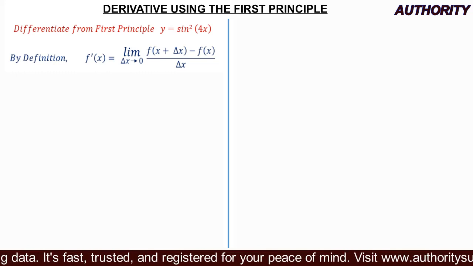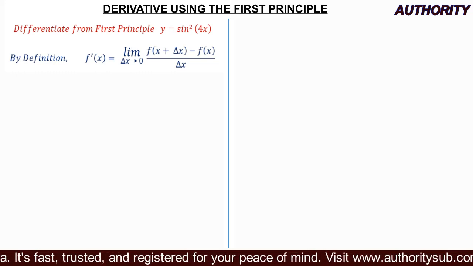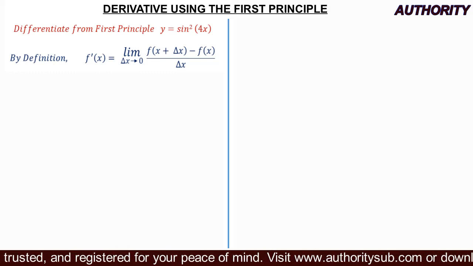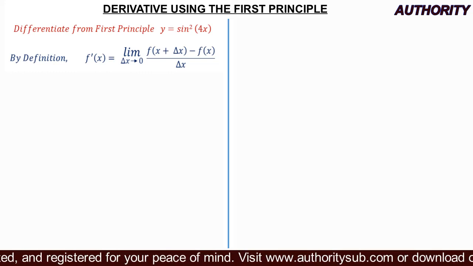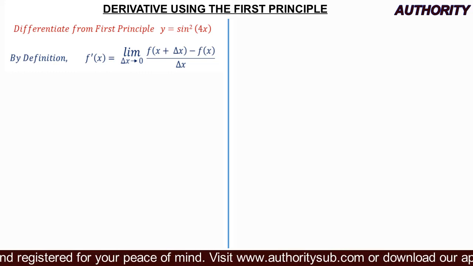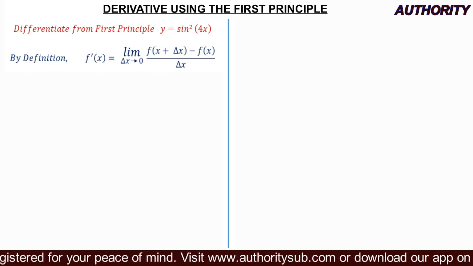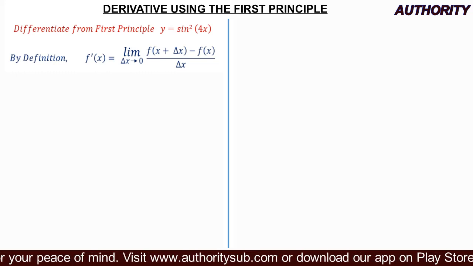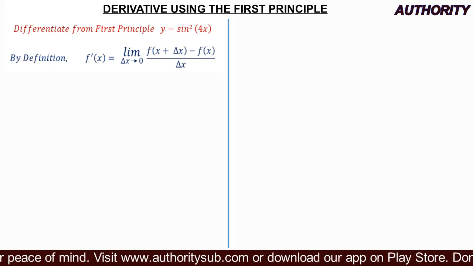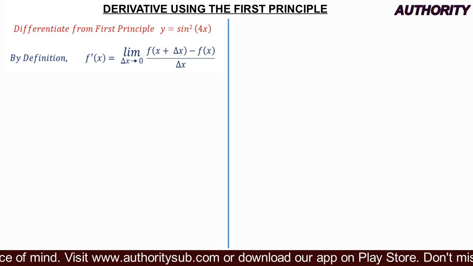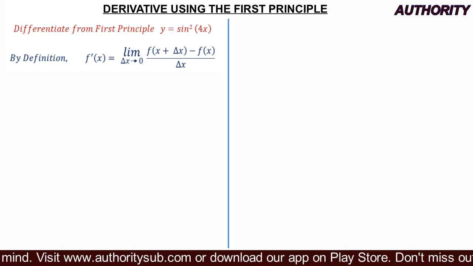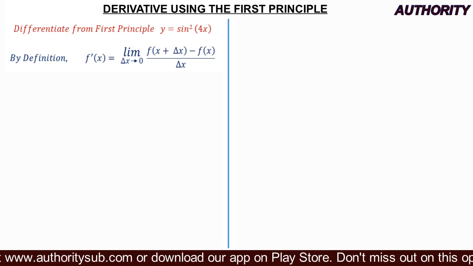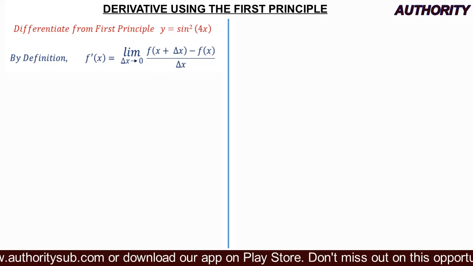So this is what we mean by differentiation or derivative. This is the mathematical definition of derivative. So when they say derivative using the first principle, or derivative by definition, this is what they are talking about. So we are going to use this method to find the derivative of y is equal to sine squared 4x.